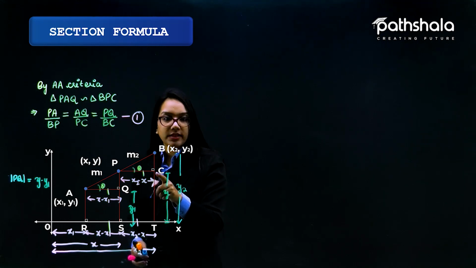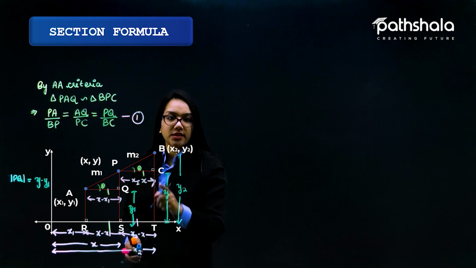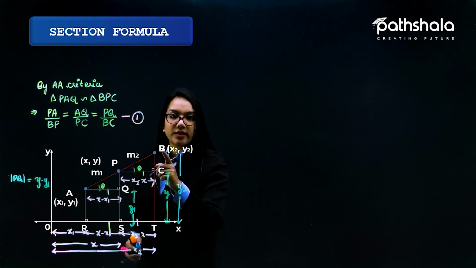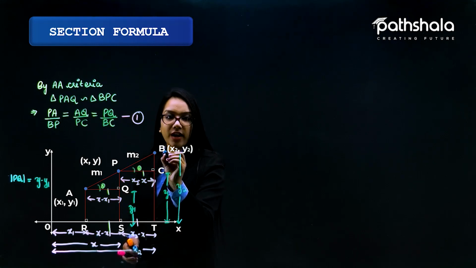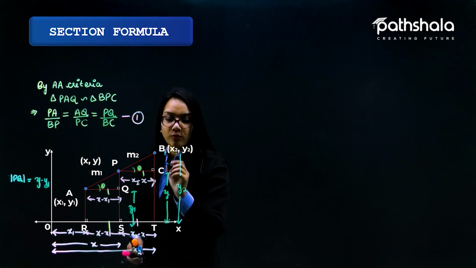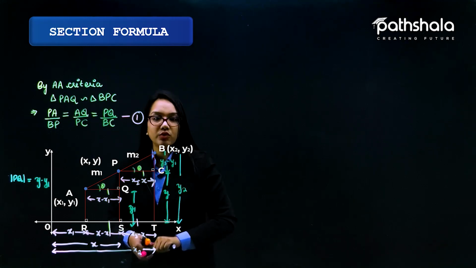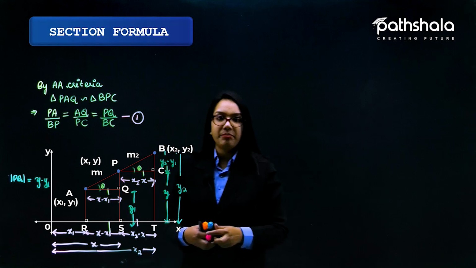This is y distance from the x-axis, and this is y2 distance. Hence BC is nothing but y2 minus y. Now we know all the values of AQ, PC, PQ, BC.